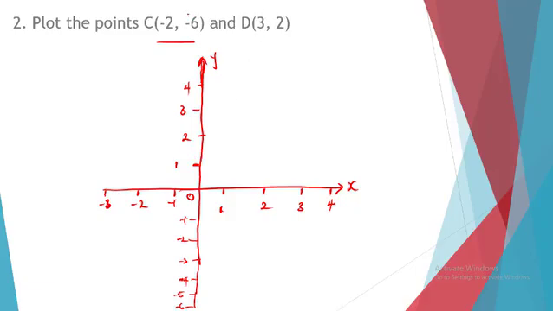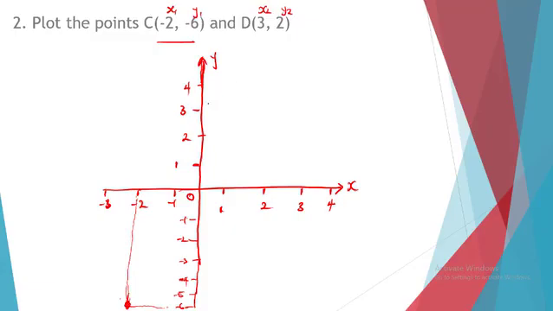We said that we will have something like this, that this is our x1, our y1, x2, y2. So when x is -2 here, y is -6. We trace it down, and both of them intercept here.